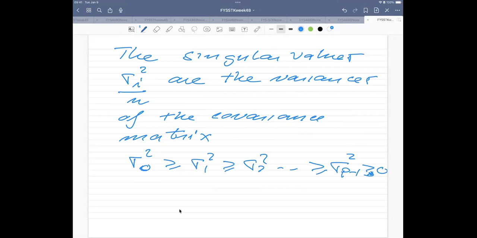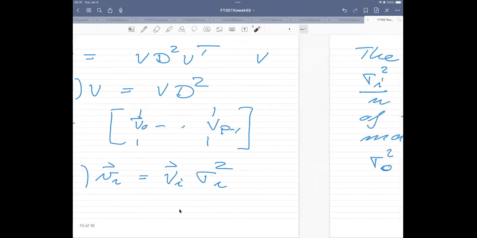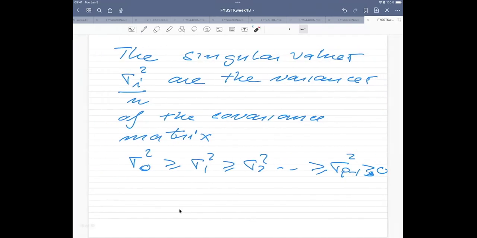So where's the principal component analysis? Now, the principal component analysis means, since every row here represents a feature, we keep only the largest eigenvalues so that the sum of all the variances from i equals 0 up to p minus 1 is the total variance.